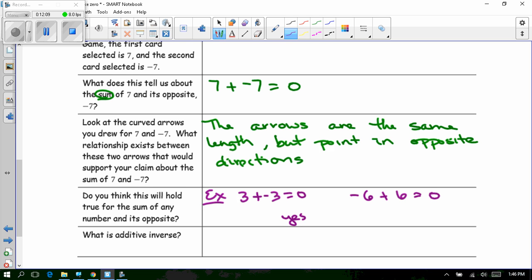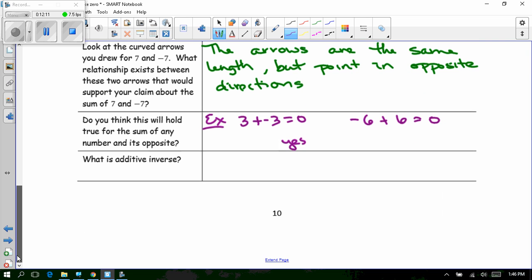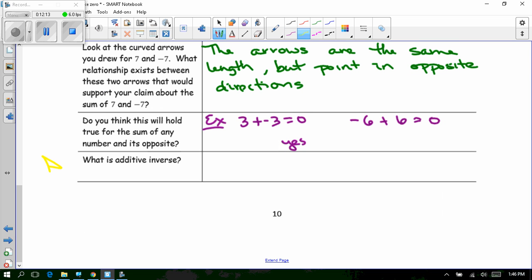So what is an additive inverse? This is the key right down here. Put a star by it, grab your highlighter, do something so that this idea stands out to you. All right, this is important to know. This last one here is important to know. The additive inverse is a number that's the opposite of another.